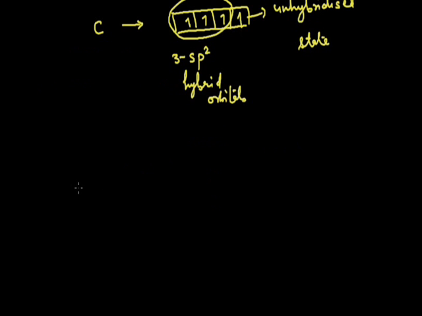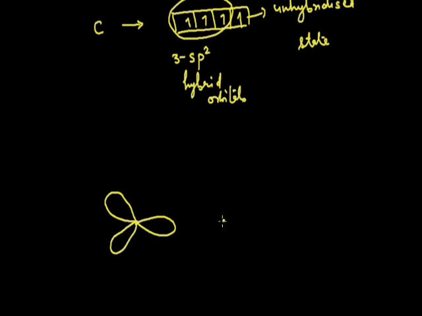Now when these two carbon atoms combine with each other and with the hydrogen atoms, the formation of ethene molecule takes place as follows. So this is one carbon with its 3 hybridized orbitals, lying in the trigonal manner.